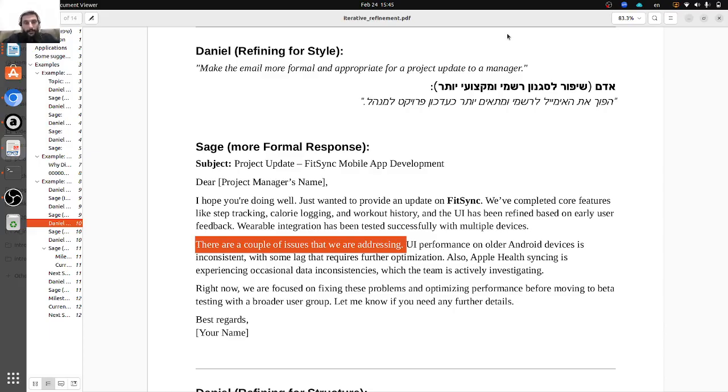It is sufficient to take a look at this sentence here that is selected, which now has a much more formal style than the version that we saw in the previous email.